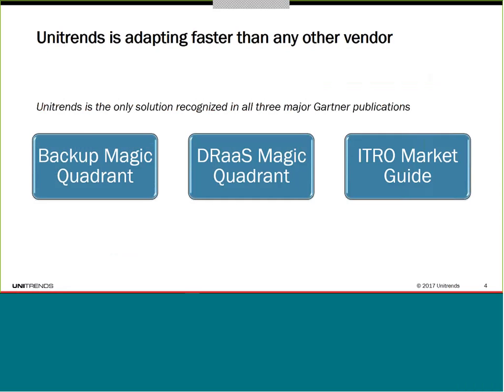We are the only vendor, the only solution that's recognized in all three of those major Gartner publications. And I know some of you on here just got through doing some Gartner interviews for Unitrends, and we appreciate that work, and many others have put up reviews for us on the Gartner Peer Insights board. Tremendous work by our insiders, and we really appreciate what you've done there.